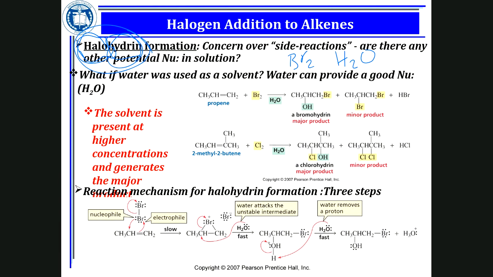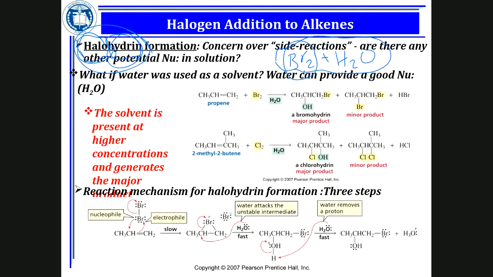When it comes to halohydrin, you're adding Br2 and H2O, both of them. Which one are you adding first? It is going to be the halogen, because halogenation did not require a catalyst, right? So you add the halogen first, then you add water.